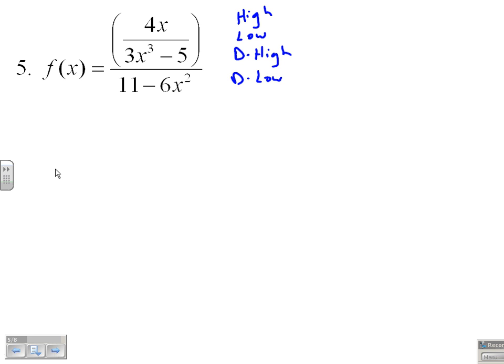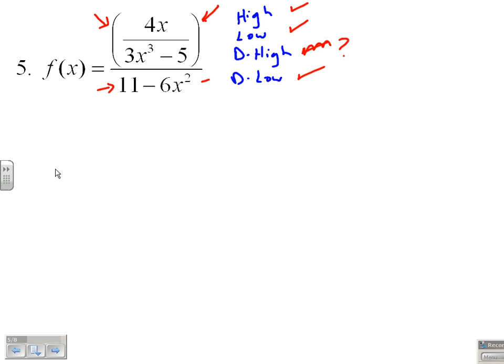So the high function, it's not real pretty, but it's real simple. High, simple. Low, simple. D high, yikes. And d low, simple.